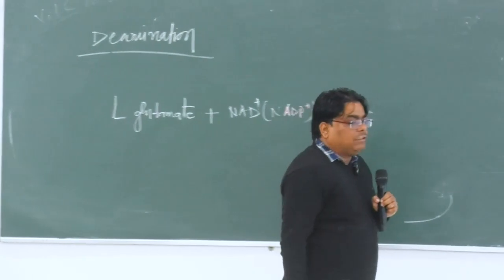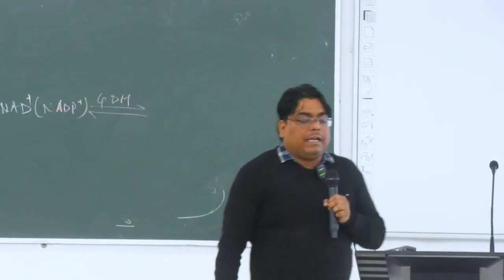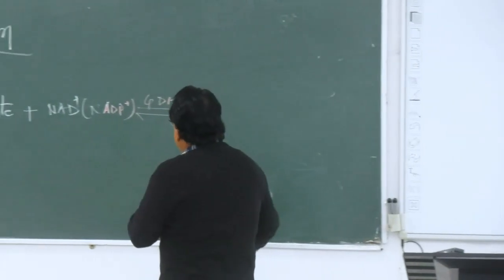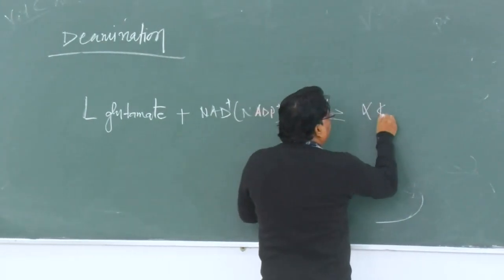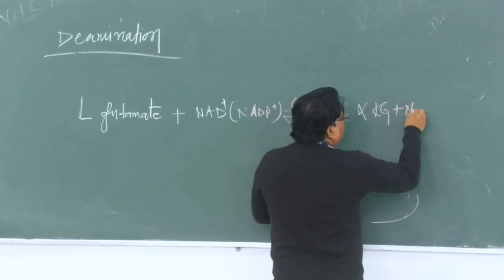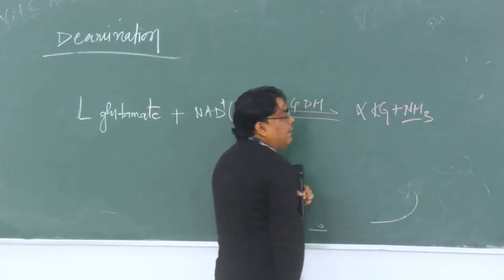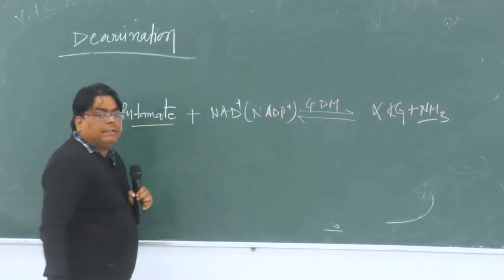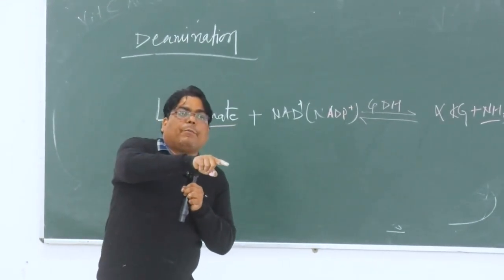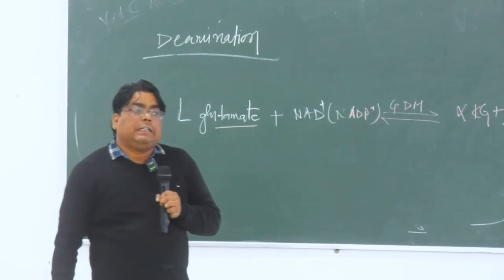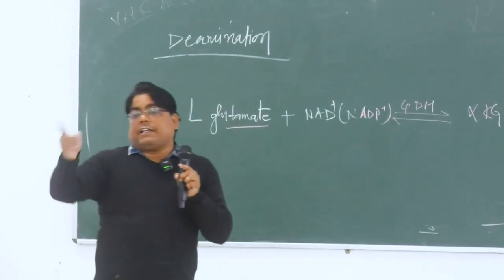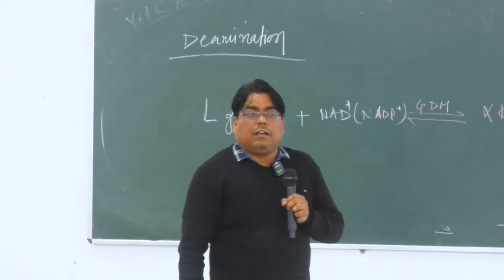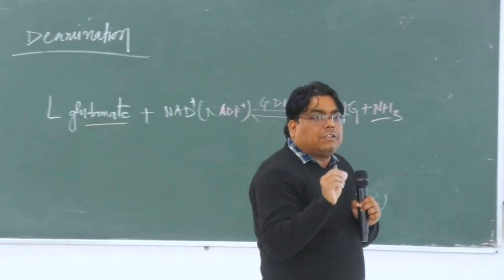Glutamate dehydrogenase is an enzymatic process, and it forms alpha ketoglutarate plus NH3. Removal of ammonia from glutamate. So which is the storage form of ammonia? Glutamate. Which is the transported form of ammonia? Because ammonia is toxic for the body.